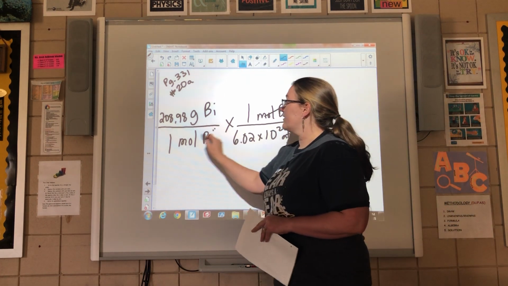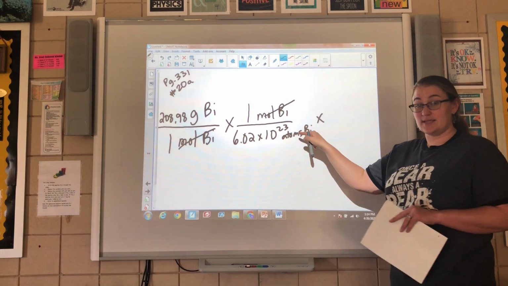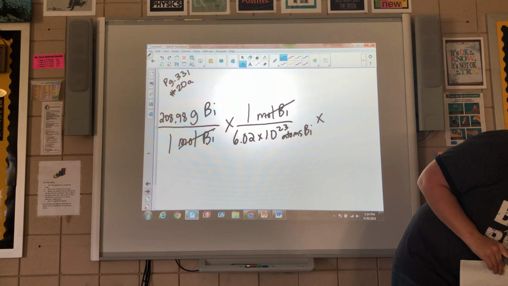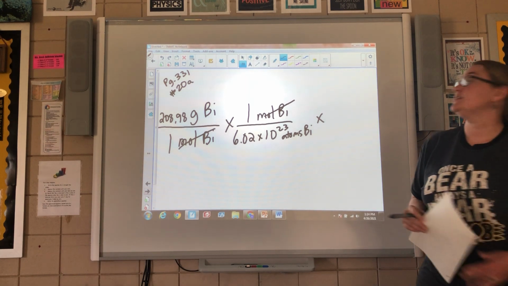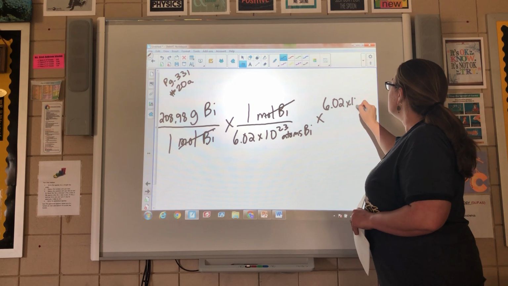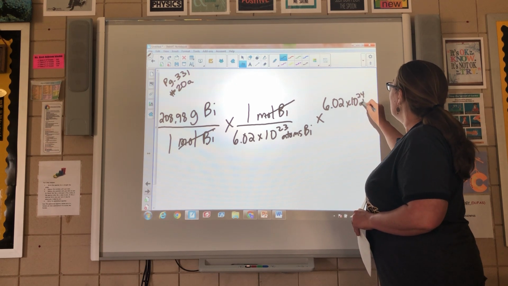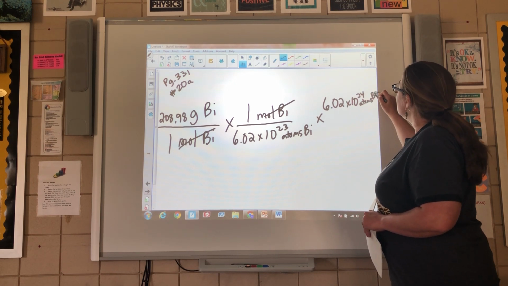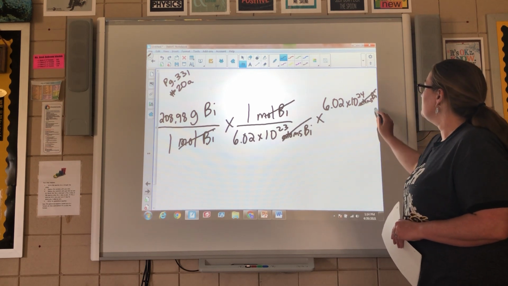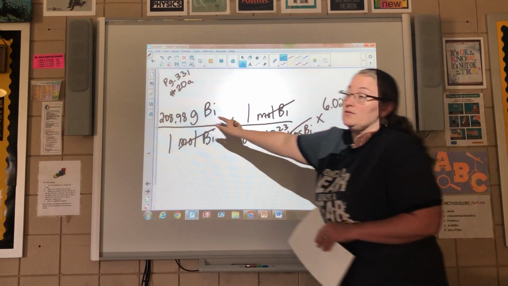Now I can cancel out those. How do I cancel out these atoms? I look at what they gave me in the problem. They gave me 6.02 times 10 to the 24th. So 6.02 times 10 to the 24th atoms of bismuth. And look, I can cancel out that unit, and I'm left with grams.